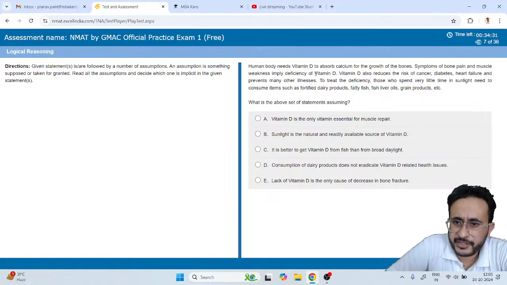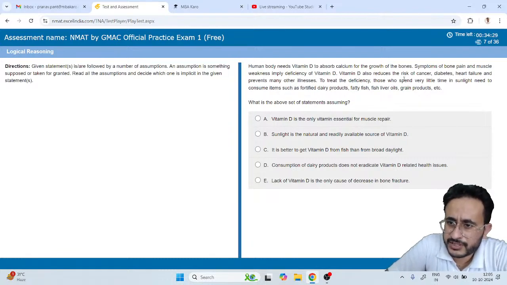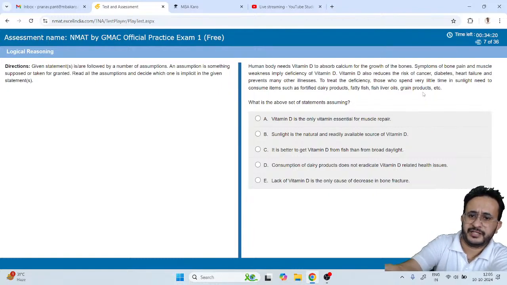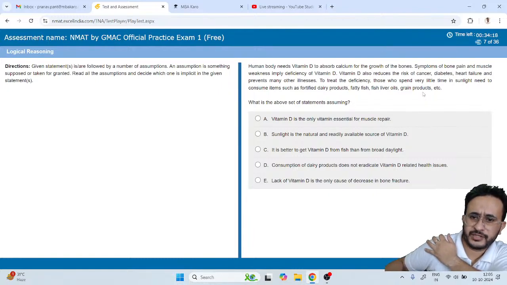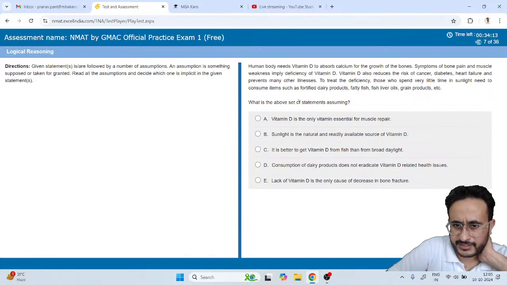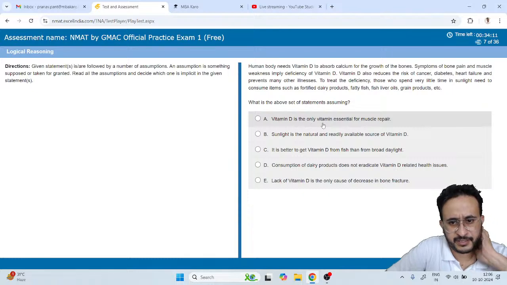Human body needs vitamin D to absorb calcium for the growth of the bones. Symptoms of bone pain and muscle weakness reduce the efficiency of vitamin D. To treat the deficiency, those who spend very little time in sunlight need to consume items such as fortified dairy products and others. Which of the following is the assumption? Is it the only vitamin option? Extreme.